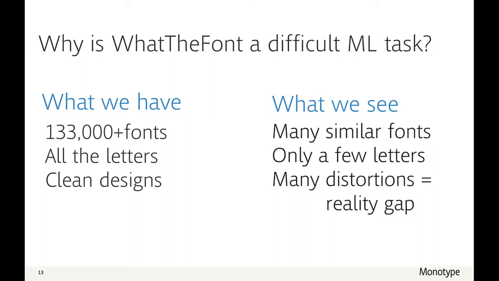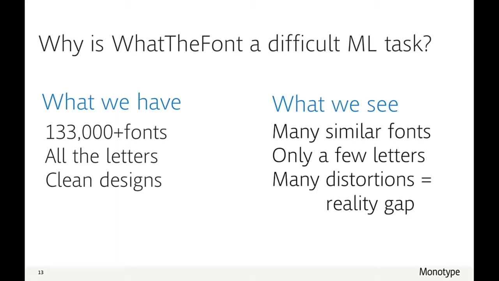Also, there are what I call distortions, which is also referred to as a reality gap between what the AI, the deep learning neural net, sees when I take a picture. If I take a picture of this screen, there's perspective distortions. I'm not exactly in front of the text. The text might be rotated. Could be JPEG compression.